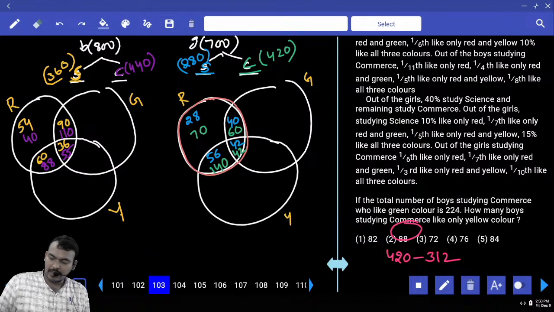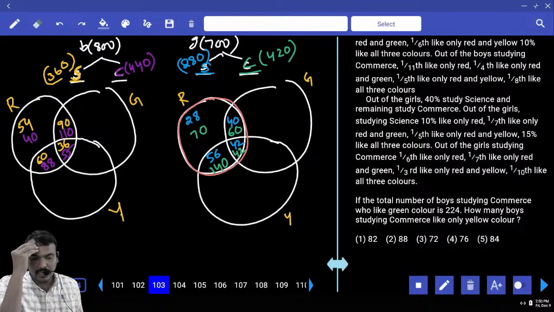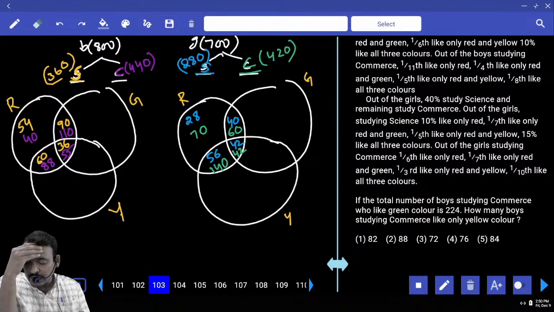Next question number 103. If the total number of boys studying commerce who like green color is 224, how many boys studying commerce like only yellow color?